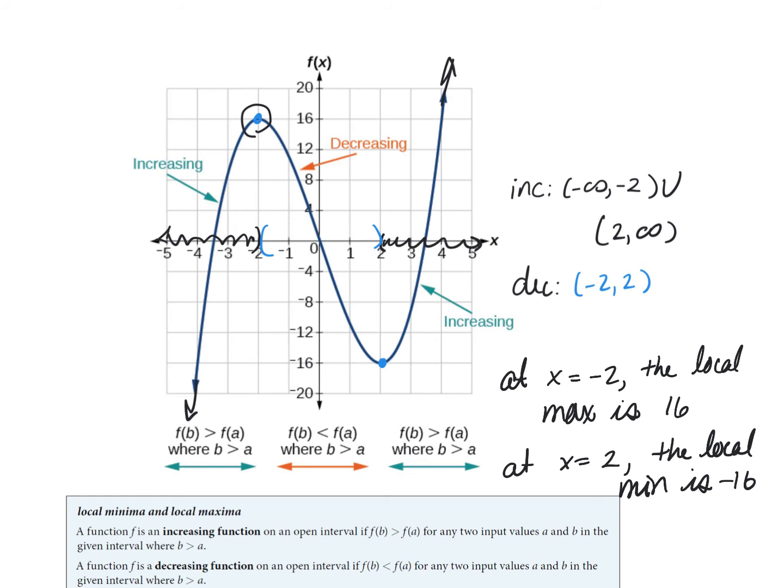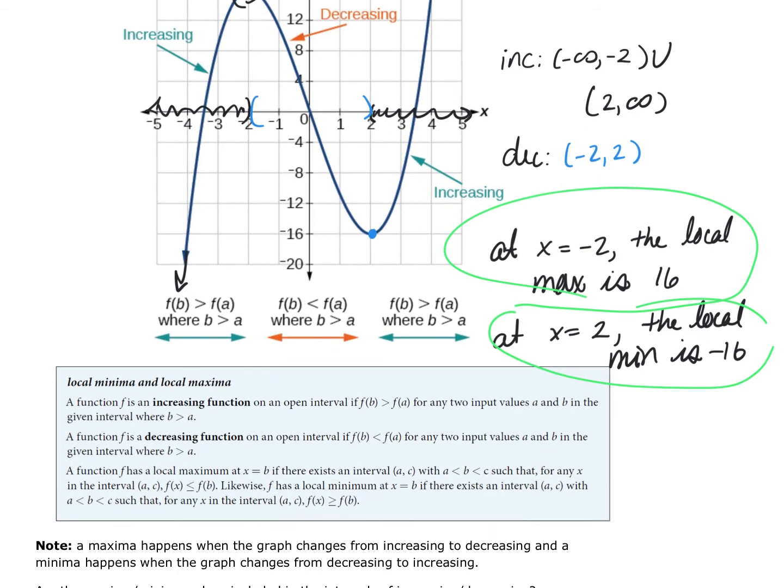On any assessment, you'll know not to write them as ordered pairs unless I tell you you can. If I don't tell you, you have to write it as at this x value, this is the absolute, this is the local, this is maxima, this is minima. And notice it's broken apart into two pieces: the place it happens, the x, and what it is, which is the y.